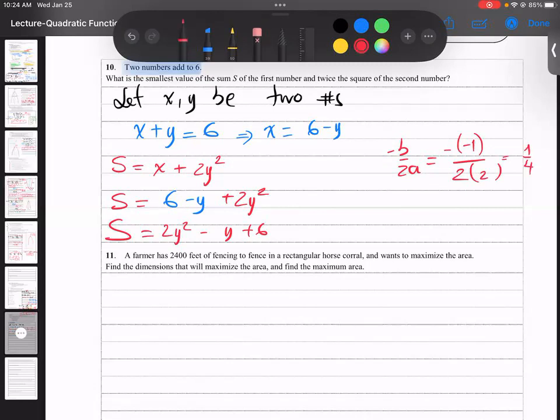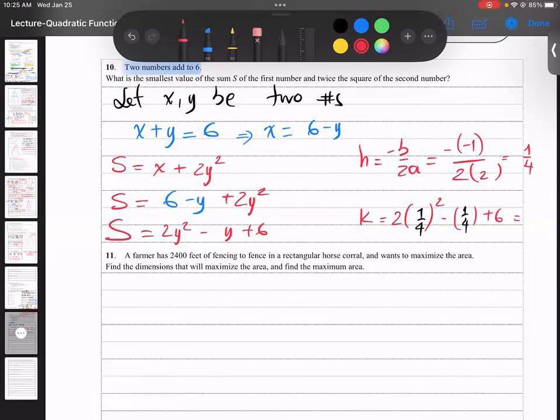So it will be h, and then k will be 2 times 1/4 squared minus 1/4 plus 6.